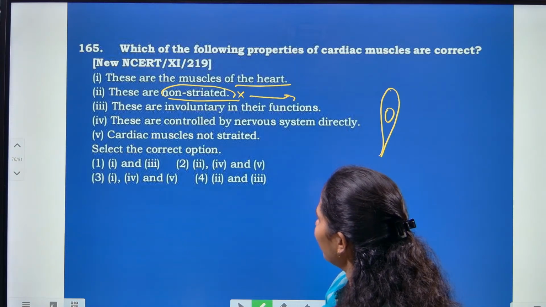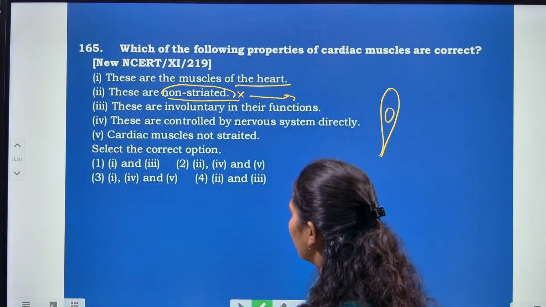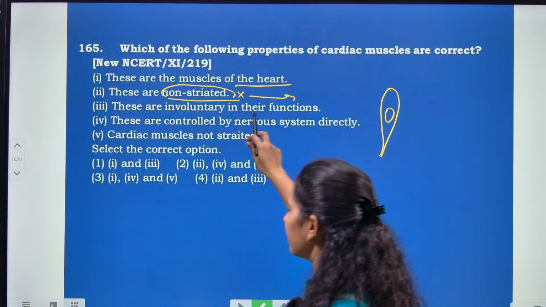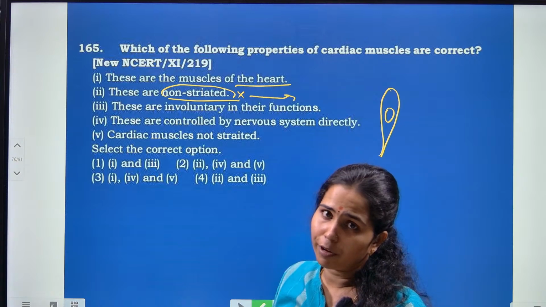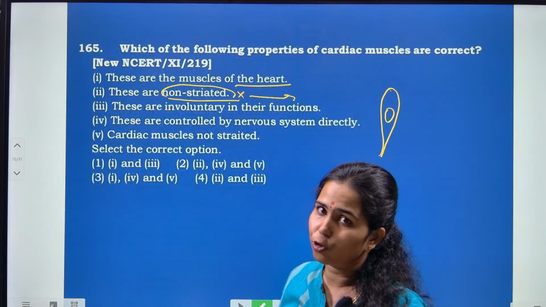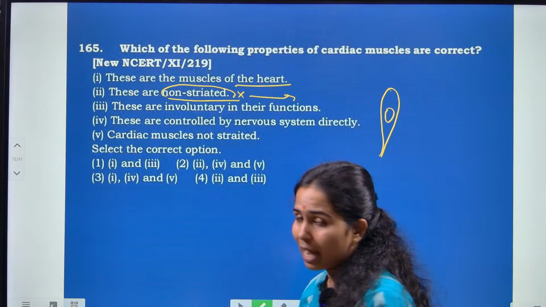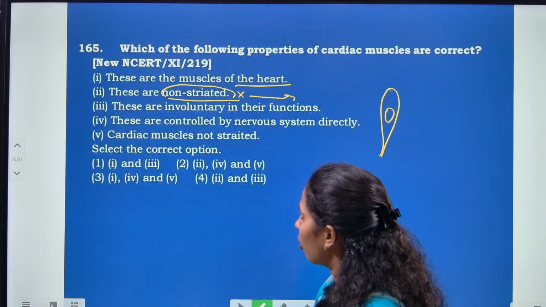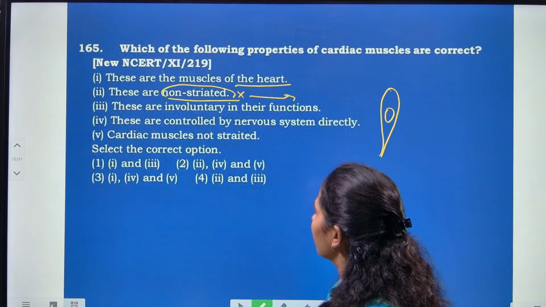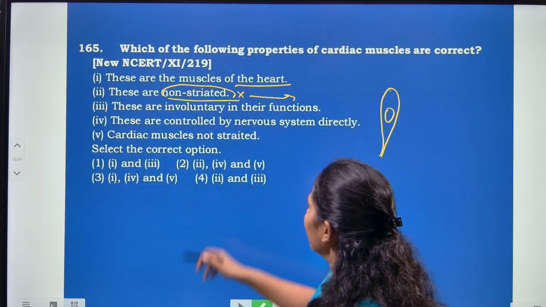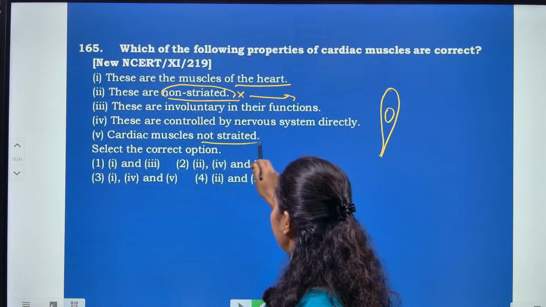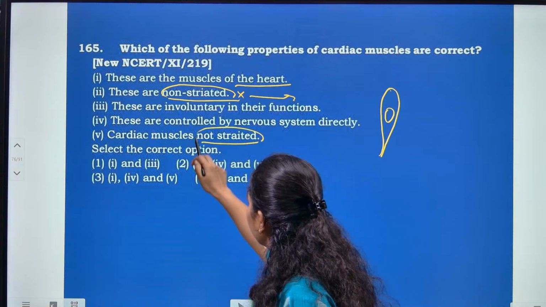They are involuntary in their functions. Yes, they are involuntary, automatically, not in our control. If our heart were in our control, then it would be voluntary in function, but as it is involuntary, it is controlled by the nervous system directly. Cardiac muscles are striated.